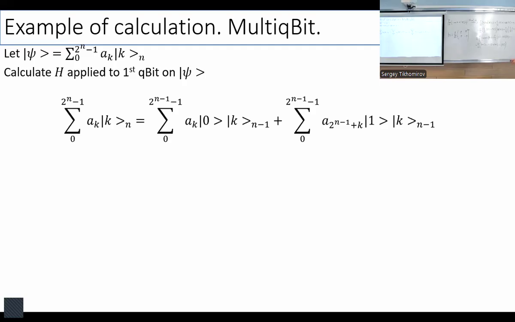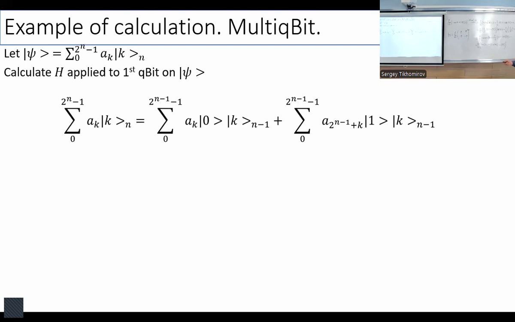First, before I start to apply it, I write the n-qubit state in such a form that I separate the first qubit from the rest. In that case I divide k into two groups: less than 2 to the power n minus 1, and bigger than 2 to the power n minus 1.